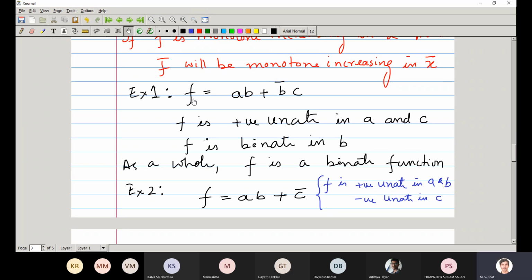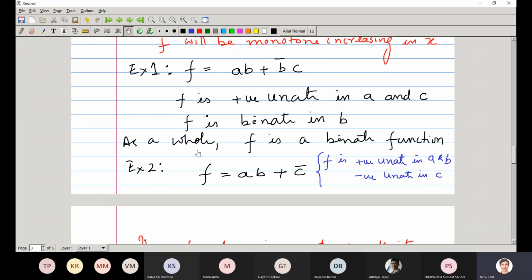So F changes from 0 to 1. So you can't say whether F is increasing or decreasing; it depends on the value of other variables when B changes. Therefore, F is referred to as binate in B. It is not unate. So as a whole, F is a binate function because it is not unate in all variables.